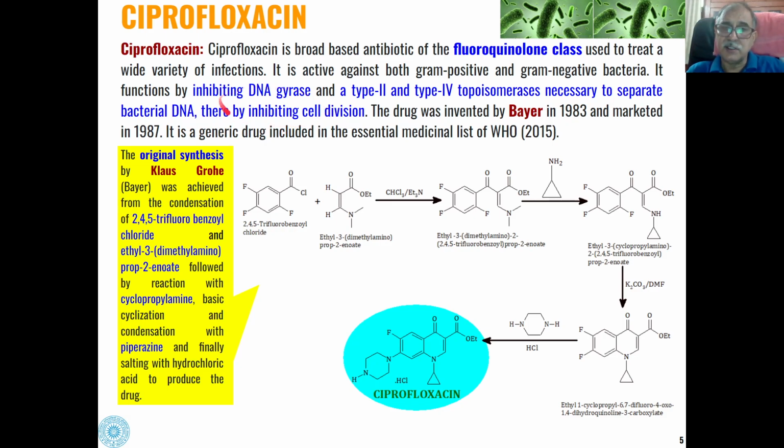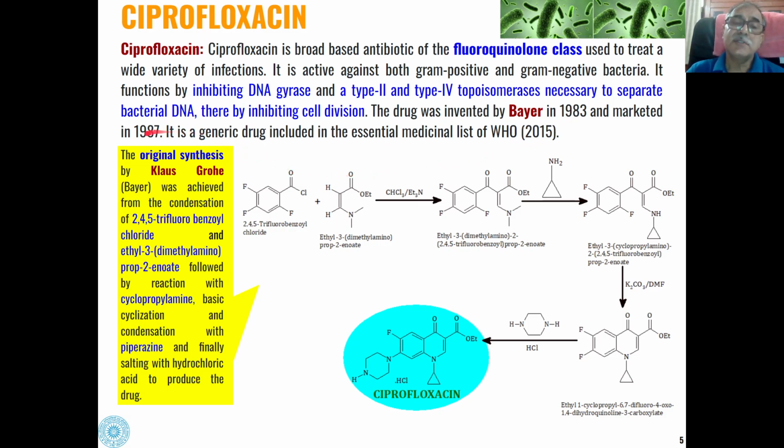Thereby this will inhibit cell division. This drug was invented by Bayer in 1983 and marketed in 1987, and it is also included in the generic drugs of the essential medicines list of WHO in 2015.